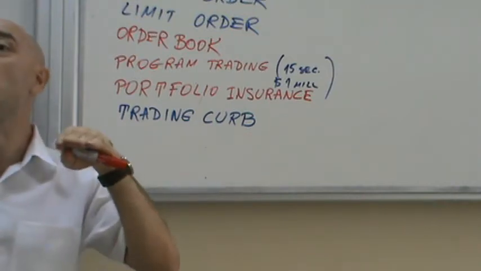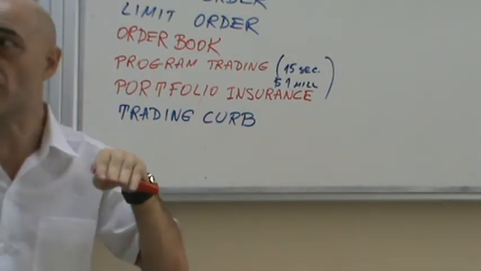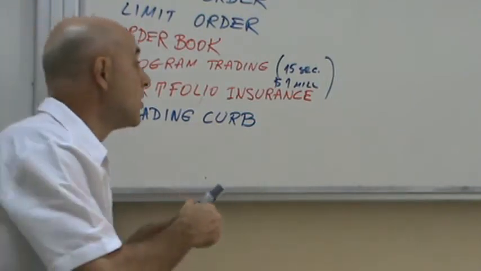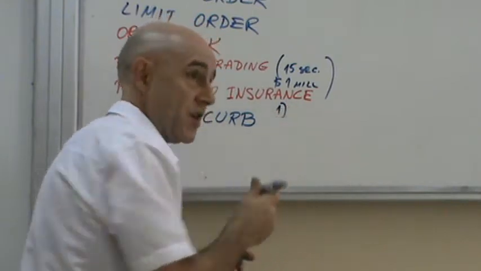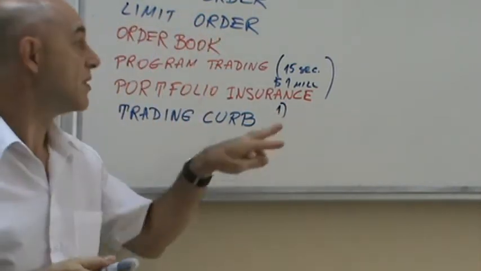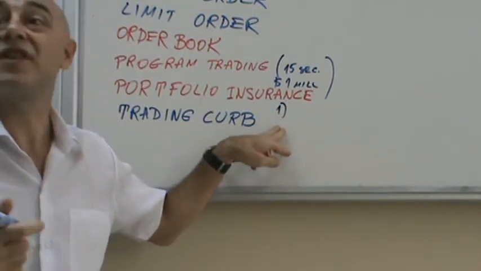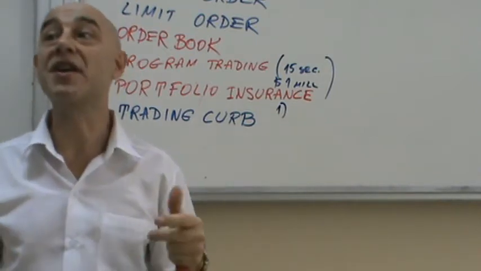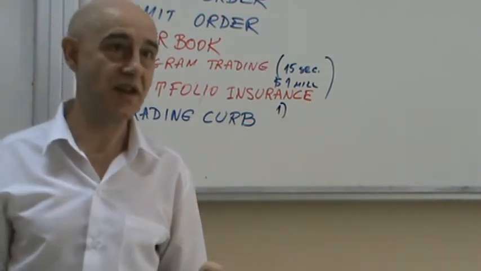So the market falls more than 5% or more than 7%. A trading curve will mean maybe stop the market from trading for 10 minutes or stop market trading for 15 minutes.